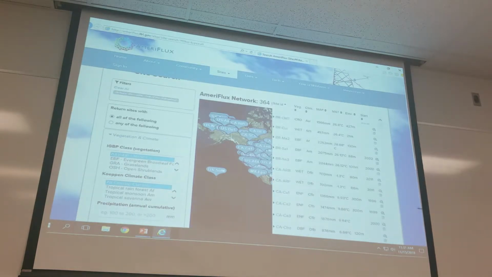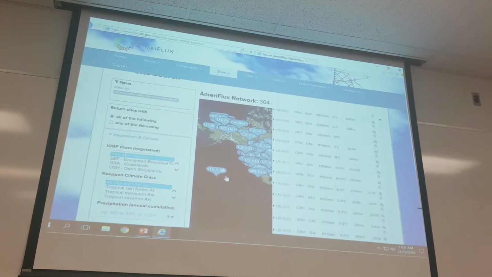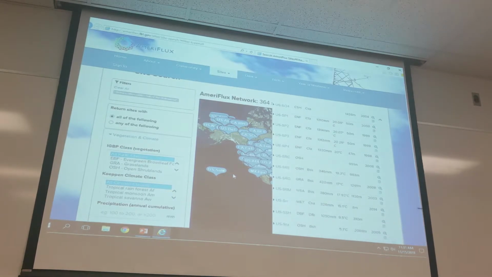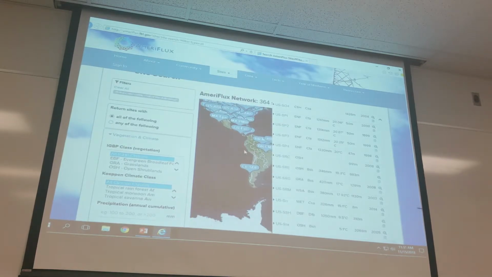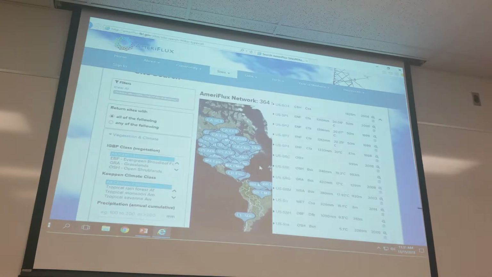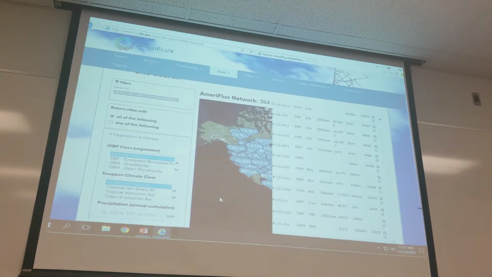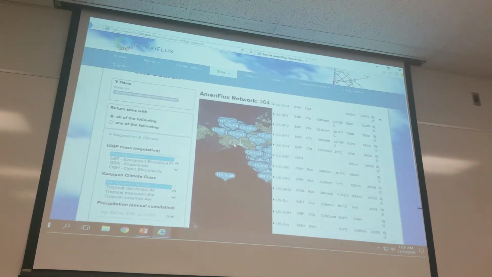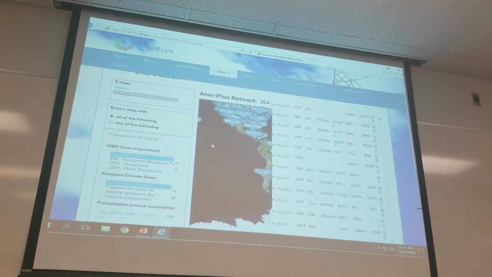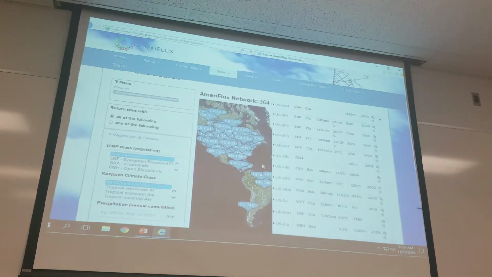I don't know how many sites there are, but there may be 100 sites in North and South America. Some way up north in Alaska, all the way down, all over the place.